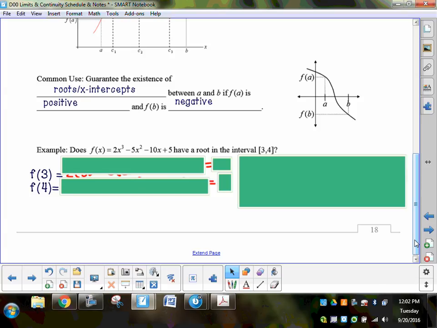Let's evaluate the function at 3. Go through right now, please. Don't go to the calculator. Tell me what the function value at 3 is and the function value at 4. Don't go to the calculator, because again, if we're that dependent on it, it's going to be rough on that AP exam.